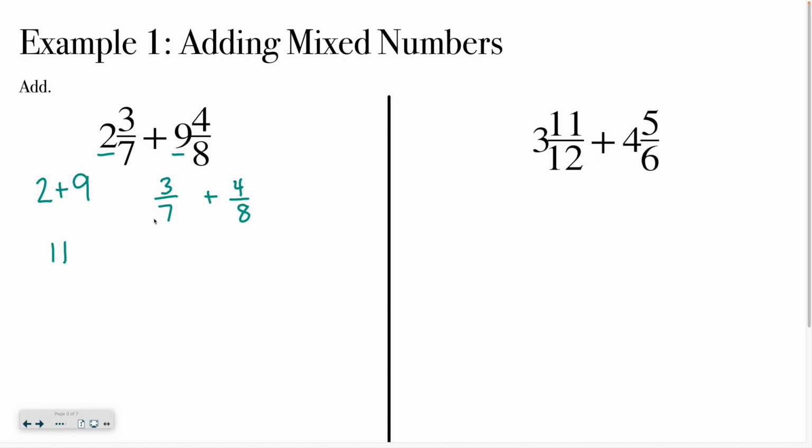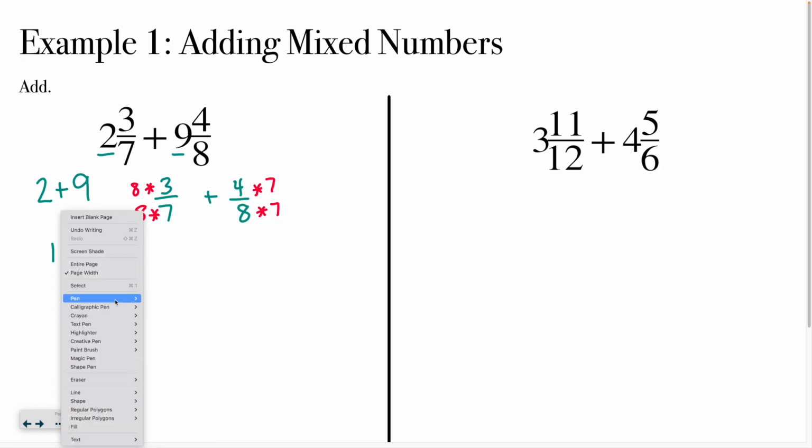This always works. You just might have more reducing to do at the end if you go with this method, okay? In this instance, that does happen to be the shortest way to do this problem, but it will not always be the shortest way to do the problem.